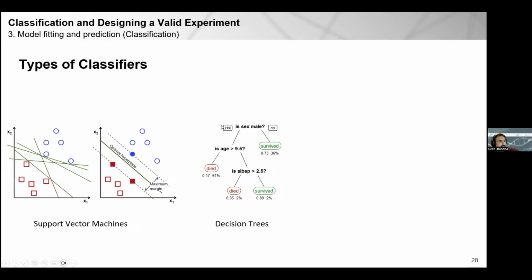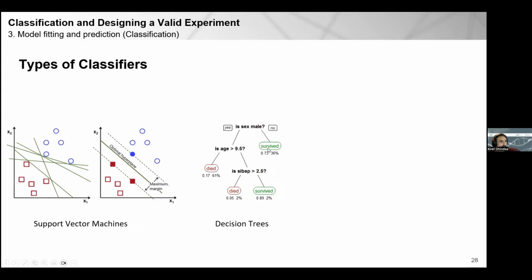So in this kind of survival model of a particular disease, this decision tree would first look at what the most predictive feature in the model is. In this particular example, it's whether the sex of the individual is male or female.